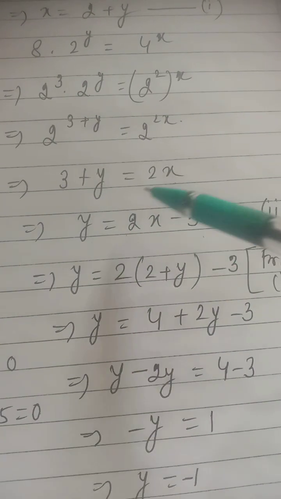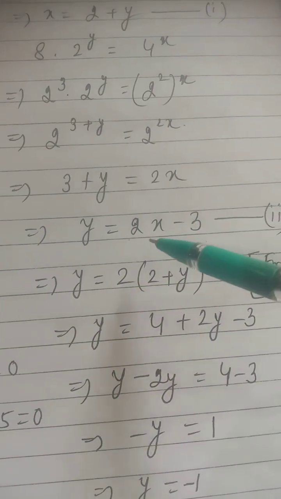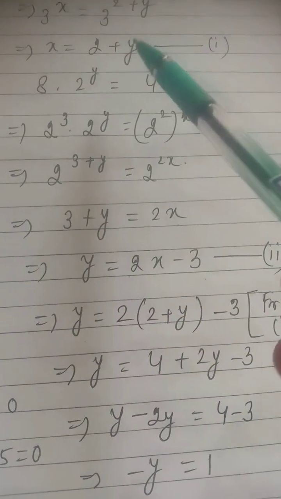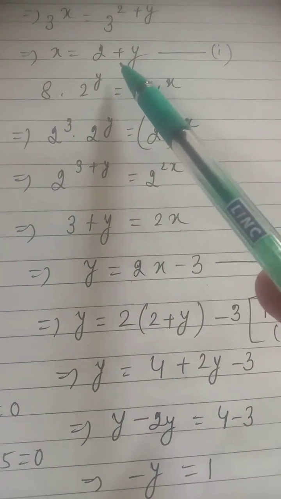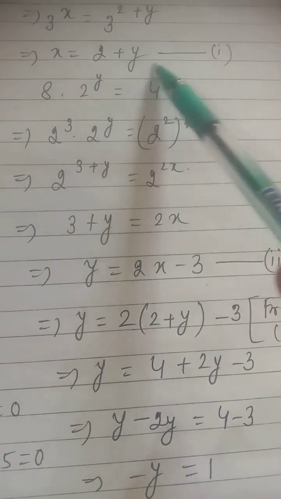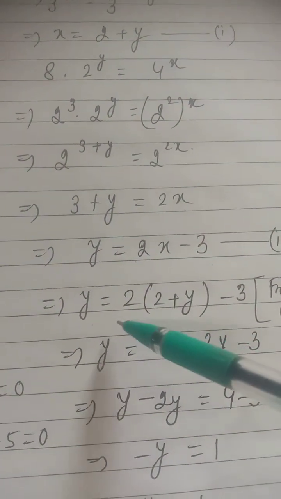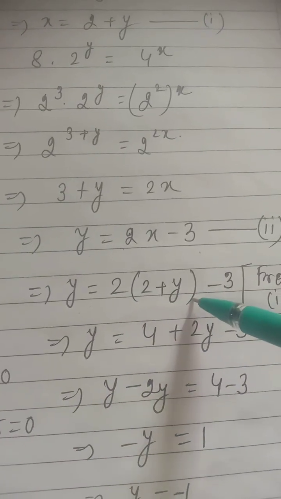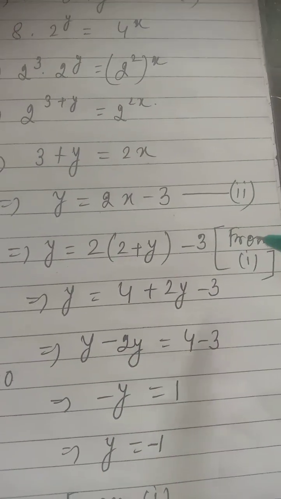Now we have to get the value of x and y. So for that, what we will do, this implies y equals, the value of x we got in equation 1, that is x equals 2 plus y. So in place of x, we will put 2 plus y. So y equals 2 into 2 plus y minus 3.